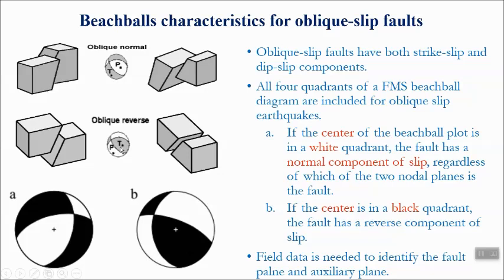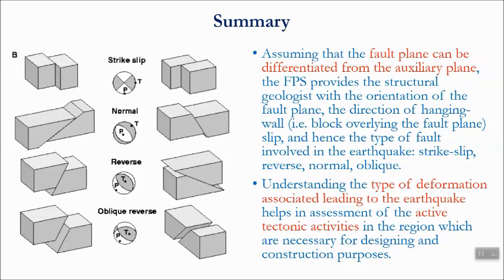So from there, if we draw the beach ball, we can easily find out the type of fault associated with it and the sense of movement. But obviously we will require the field data to identify which is the fault plane and which is the auxiliary plane.